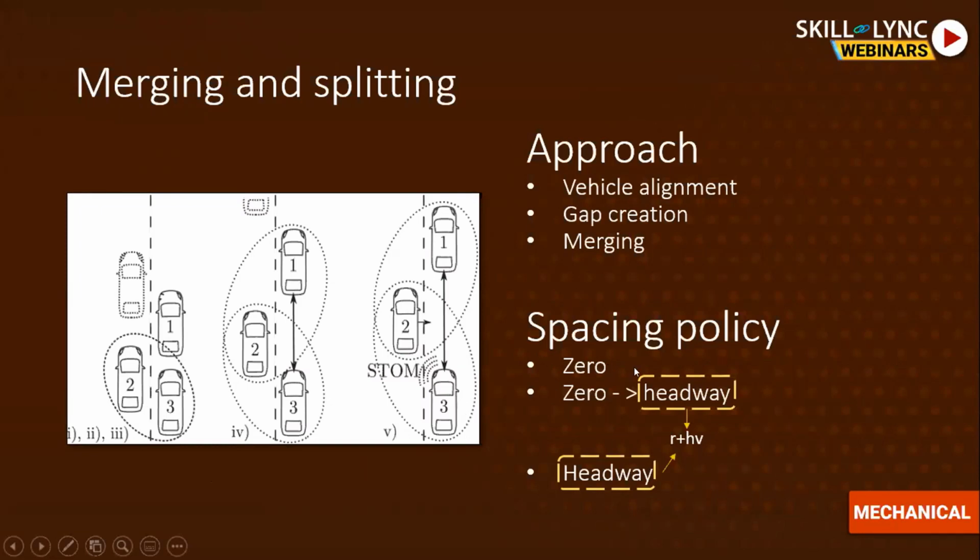So the spacing policy in the first stage, between 2 and 3, has a desired distance of 0, after which we increase the distance and we reach the headway. The distance between 2 and 3 should be the headway or the desired distance between them, and so should be between vehicle 1 and vehicle 2. And finally, we attain the configuration where vehicle 1 and vehicle 2 have a safety distance R plus HV, and vehicle 2 and vehicle 3 also have that particular safety distance.